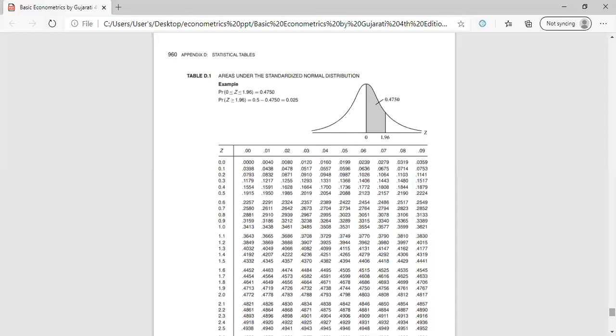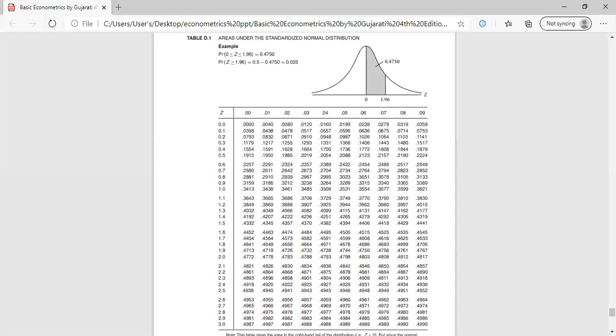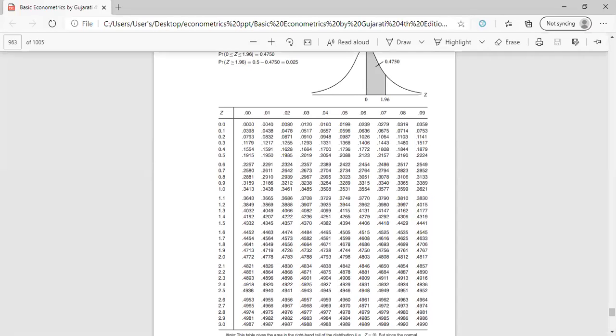If you need, you can take a look at this table to find the values.